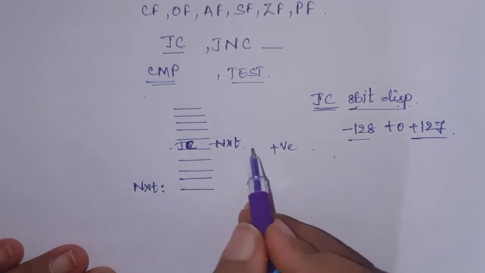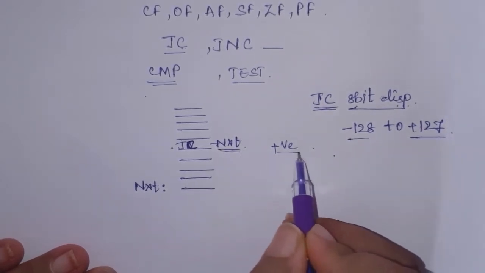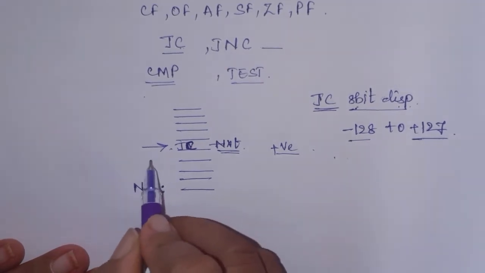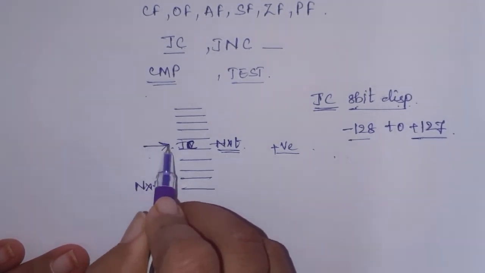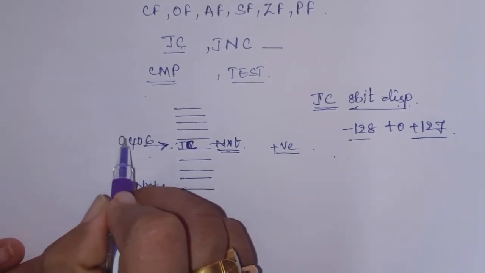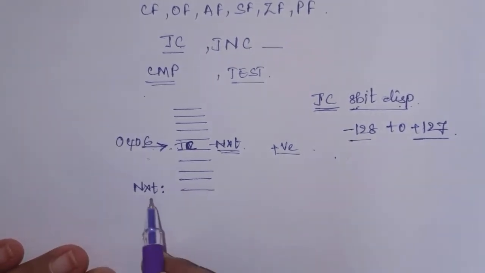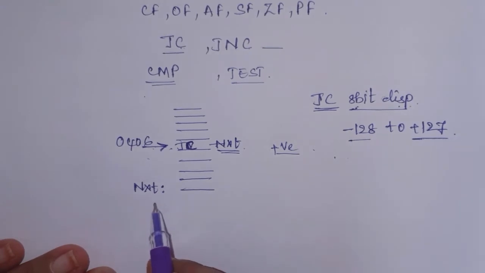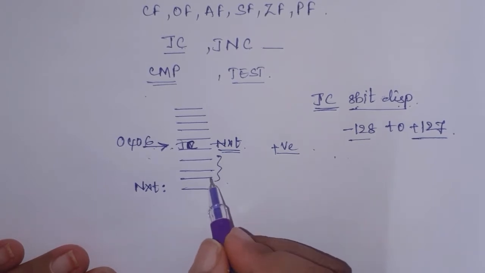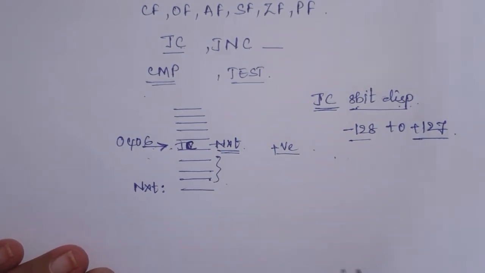So let's see, here the displacement is positive. Let us suppose the address of this particular instruction is 406. The next location will be more than this. Let us suppose the bytes are these 3 instructions, which can be more number of bytes.